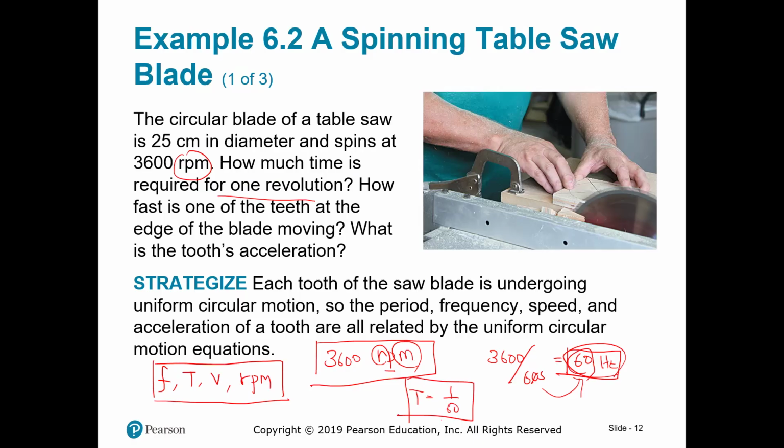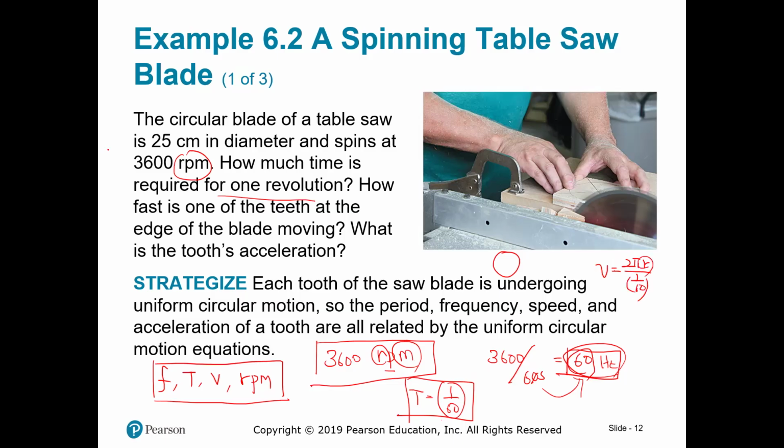And then how fast is a point at the edge of the blade moving? That means you're looking for the velocity, right? And your velocity is the circumference, which is 2 pi r, divided by time. How long will it take? Period t, 1 over 60. That's it.